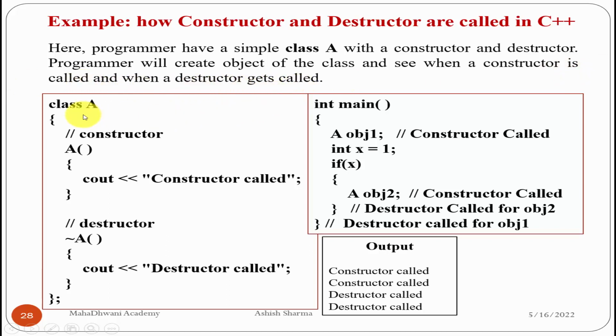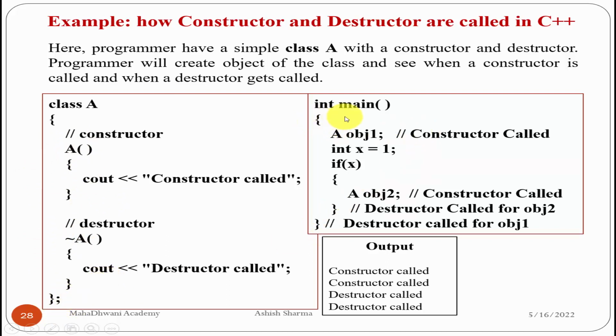So here is class A, and we know how to write the definition of the constructor. After that we have written constructor called. Now the destructor: the constructor name with the tilde operator, so it is called the destructor. See how the destructor is called. We have just written two definitions, one for the constructor and one for the destructor, and closed the class.